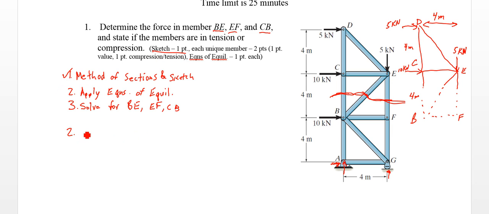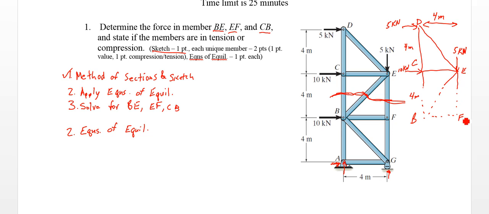So step 2, equations of equilibrium. We have a few choices of where we would want to take our moments about. We could take a moment about B, so then our unknown force BC would not be applying a moment at B, nor would BE, and our only unknown EF would be exposed, so we could solve for EF directly if we did that.